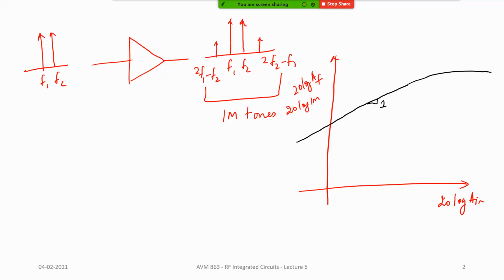Now, the intermodulation term, we saw that it goes up as a cube, and therefore in the log scale it has a slope of 3. So it is going to be something like this.